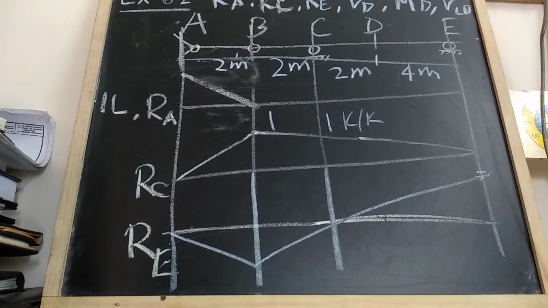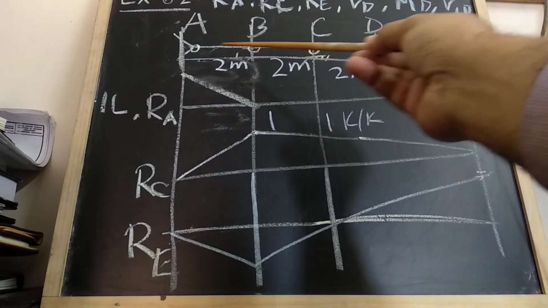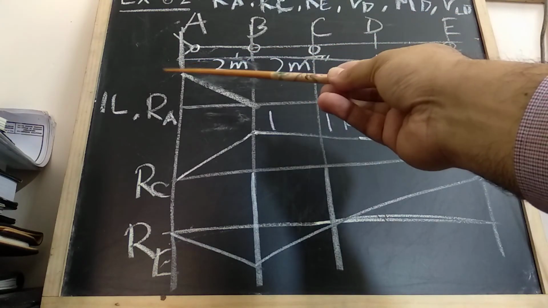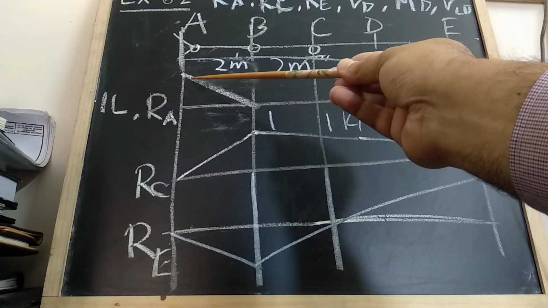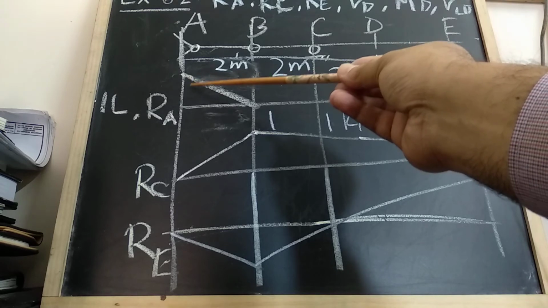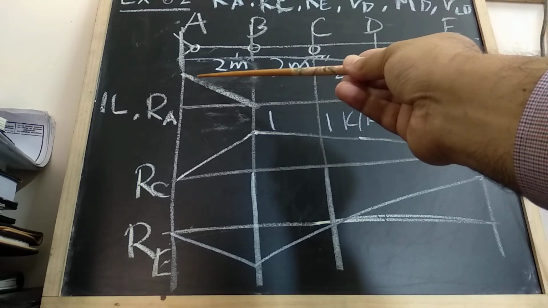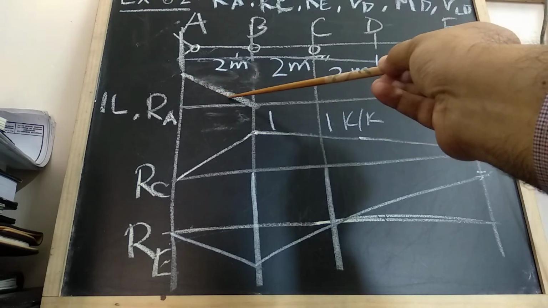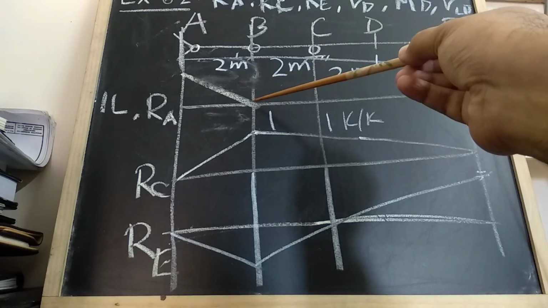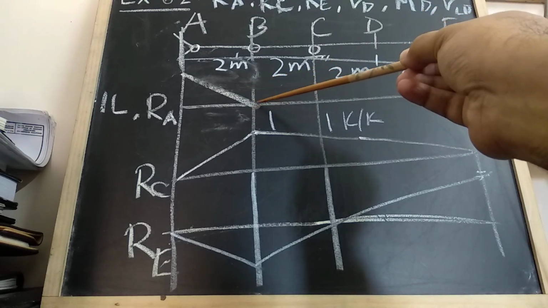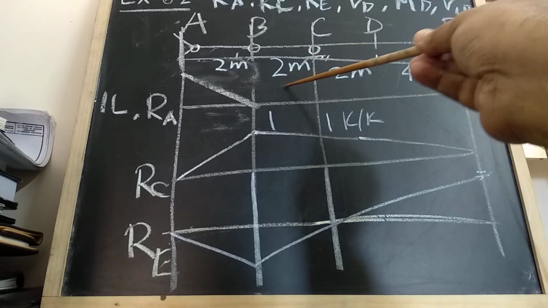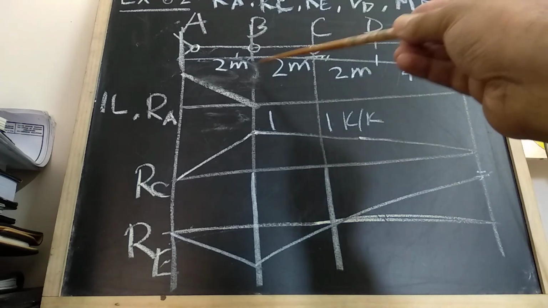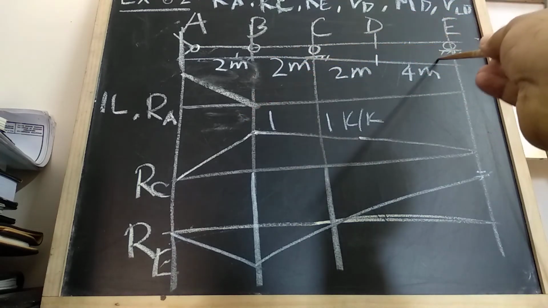Okay, so next is the reaction at A. When it starts from point A, it's just one unit force here, one kip per kip, you can say, or kilonewton per kilonewton. Then it's going down, and when it comes to B, it's 0. This is because the first beam is AB and another beam is BCE. AB is dependent on BCE.